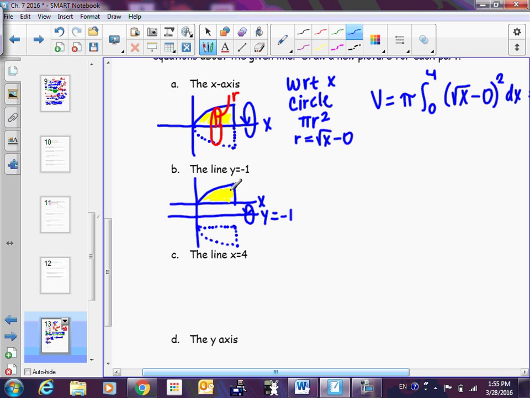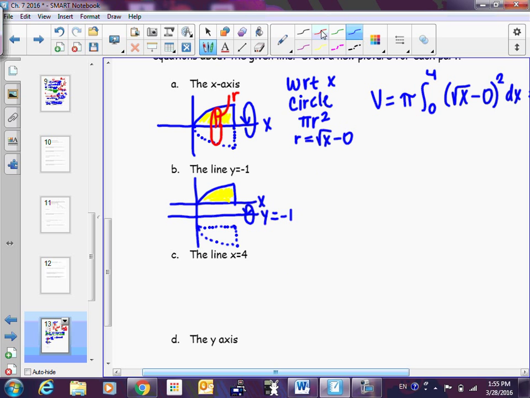And if I revolve this around, it'll still kind of look like a bullet, but the middle of it will be completely gone. Kind of like a bundt cake, if you know what a bundt cake is. It has a big hole in the middle.